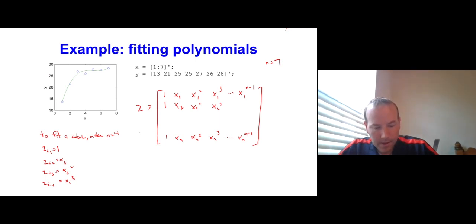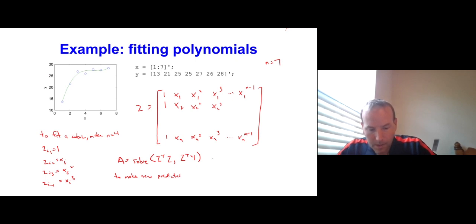Okay, and then to solve for this, we could say that the A matrix equals solve ZTZ, ZTY. Okay, and then to make new predictions, again we would use f equals Za.